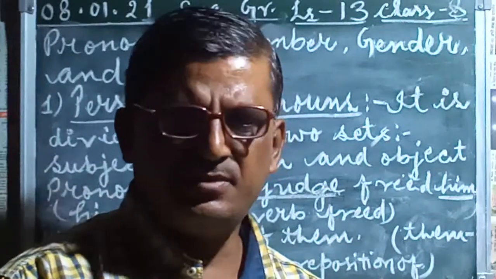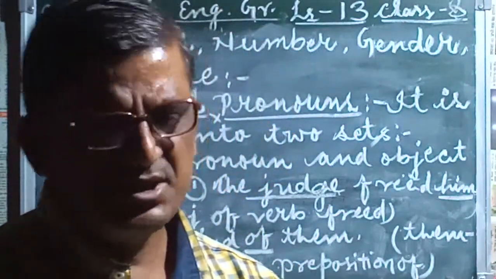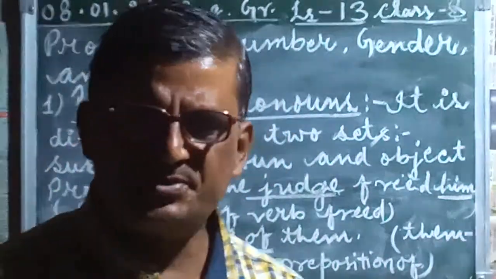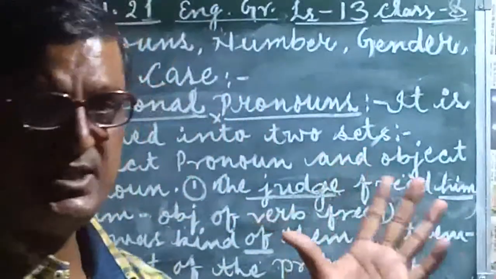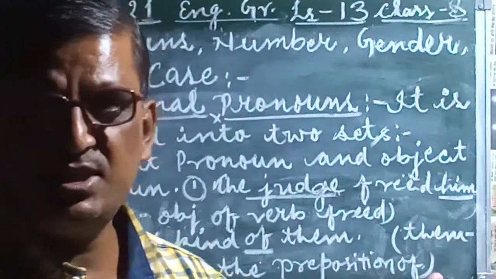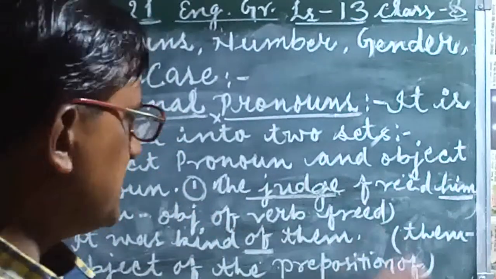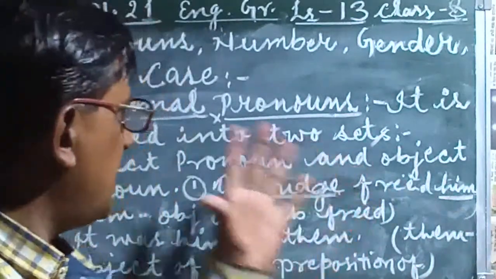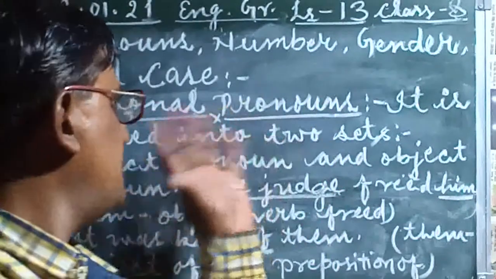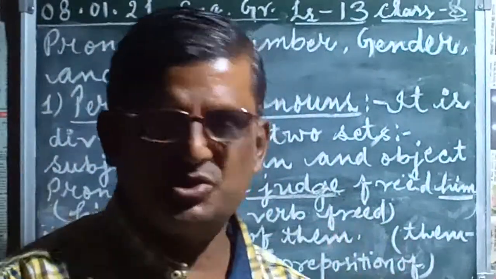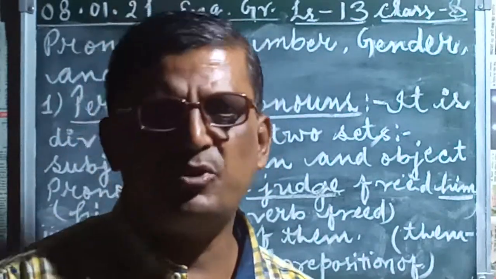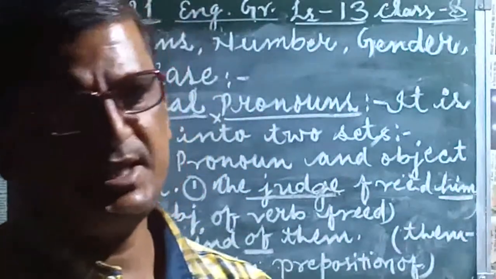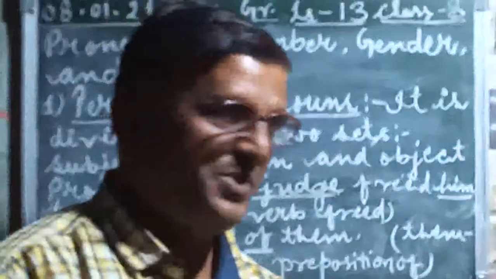Whatever the number of the subject, the same number remains for the object; case and gender also remain the same and do not change anyhow. I have given examples also, and told you that personal pronouns are divided into two sets: the subjective pronoun and the objective pronoun.